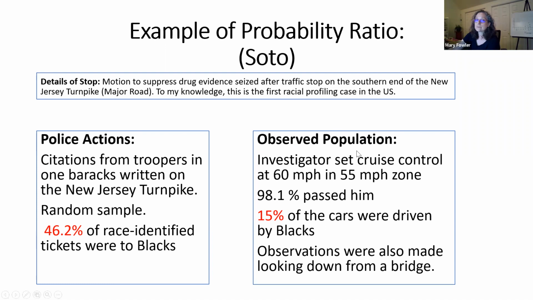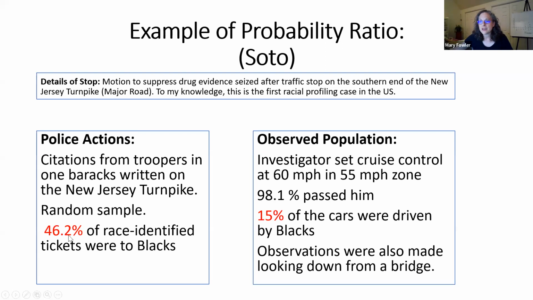And then the observed population was observed using direct observation, and the investigator set a cruise control at 60 miles per hour when the speed limit was 55. Almost everybody passed him. 98.1% of drivers passed him. 15% of the cars were driven by Black drivers.